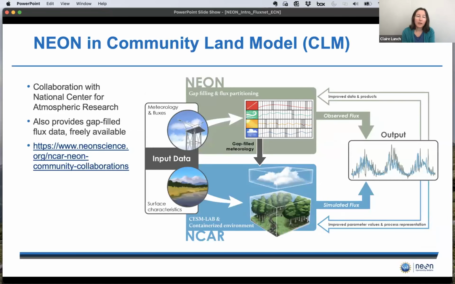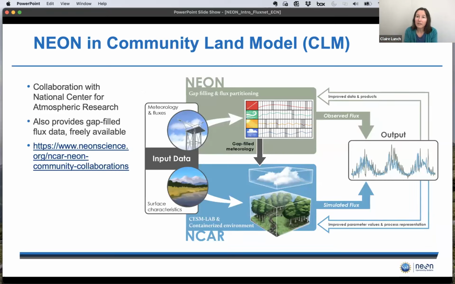Another partnership is a collaboration with the National Center for Atmospheric Research, NCAR, here in Boulder. NCAR runs the Community Land Model, or CLM. And so folks have been working on a collaboration to incorporate NEON data, through data integration and data assimilation, into the Community Land Model to improve that model by direct comparison to NEON sites.